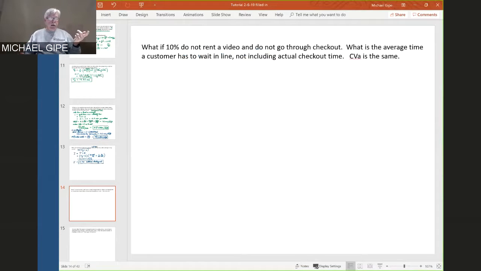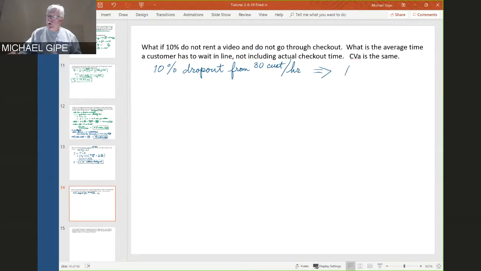So now we're going to be looking at queue time with 10% fallout, 10% rejects. The coefficient of variability is still the same. So we've got a 10% dropout rate from 30 customers per hour. And we have to figure out what's our time in queue. Since we only have one resource here, I'm just going to use the simplified formula.